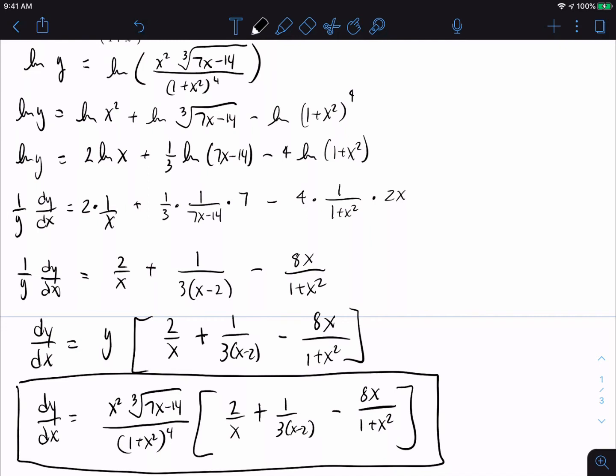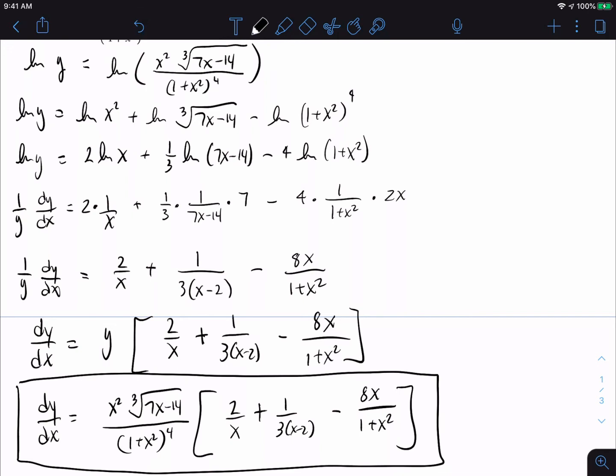No problem. So 1 over y times dy over dx, you're multiplying by y. Correct. I'm multiplying both sides by y, because the goal is to get the derivative, the dy dx, by itself. So that means I have to multiply both sides by y. Okay, got it.